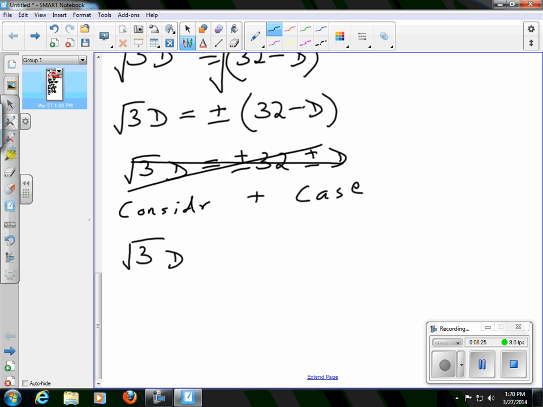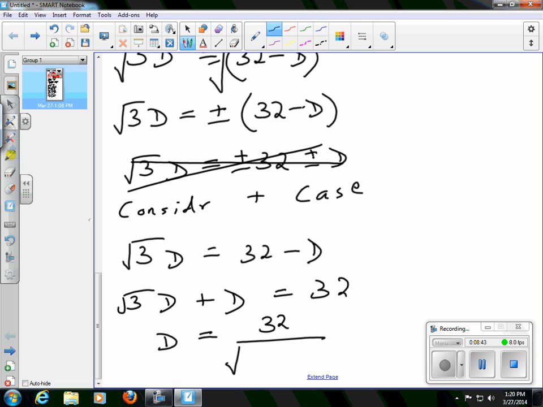Square root 3 d equals 32 minus d. So I have square root 3 d plus d equals 32. So d is equal to 32 divided by 1 plus root 3, which is 12 centimeters.